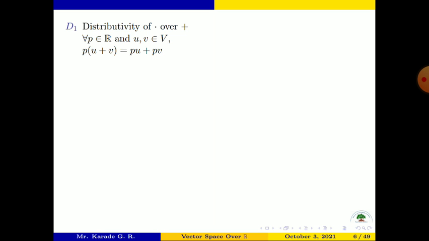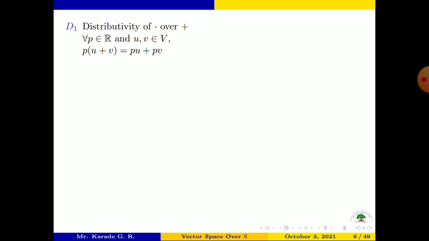That means if we add u and v, and then multiply by p, it is the same as the addition of pu plus pv.